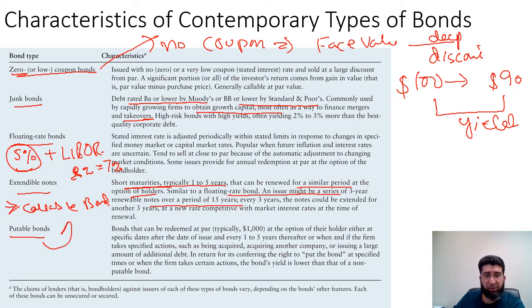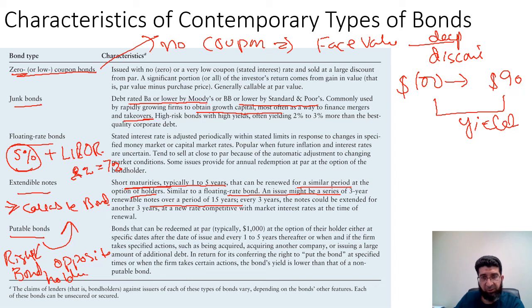A putable bond is the opposite of a callable bond. It is the right given to the investor or bondholder. So the bondholder can force the issuer to buy back the bonds at a stated price.